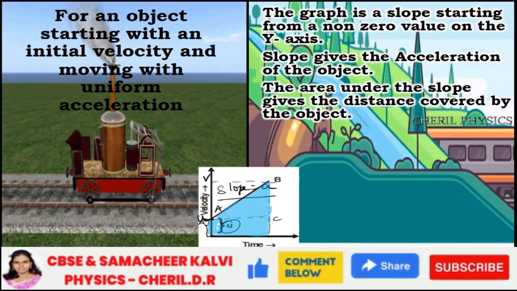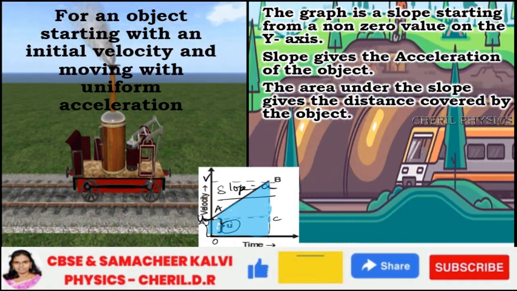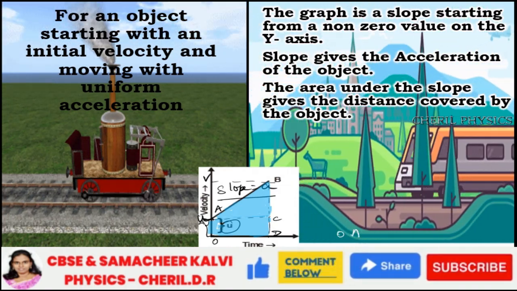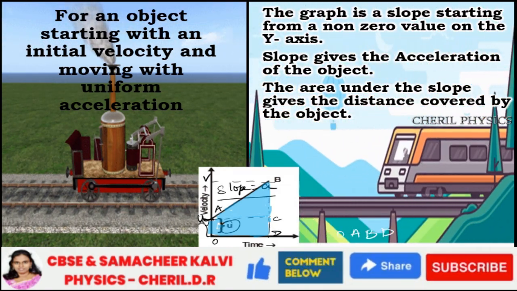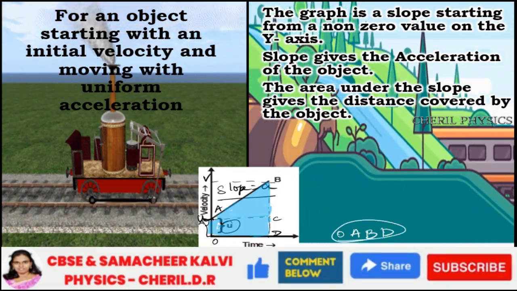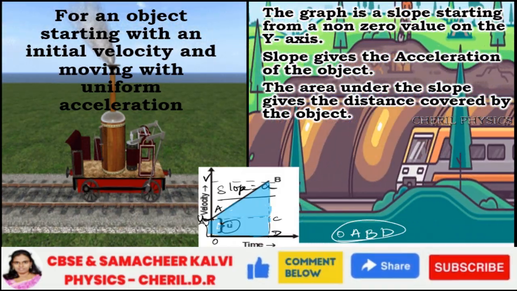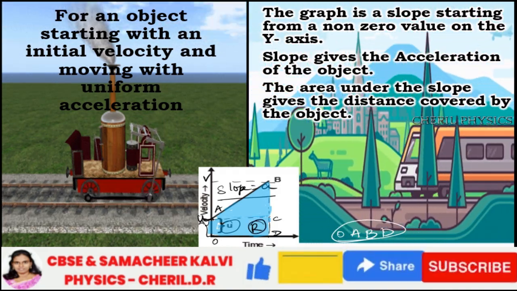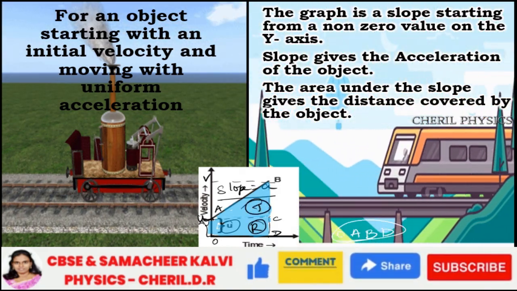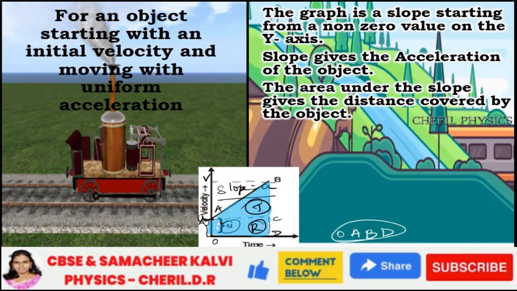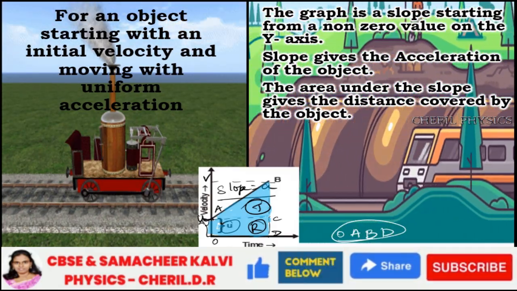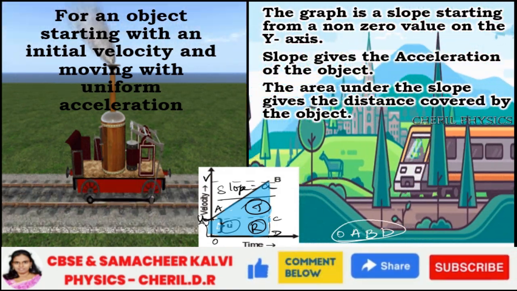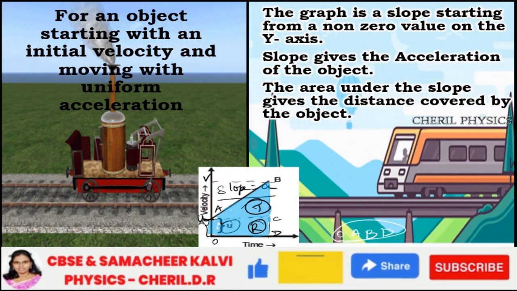Let me name it O, A, B, C, D. So you have a trapezium O, A, B and D. For this trapezium we will have to find out the area, or you can divide it into a rectangle and a triangle and then calculate.